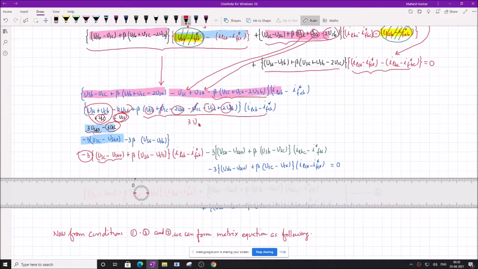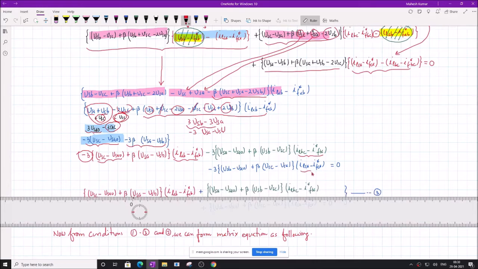So 3 BSB minus 3 BSA. We want to keep the sequence A minus B, so we take minus 3 common again, minus 3 BSA minus BSB. So this becomes minus 3 beta BSA minus BSB, and the first term becomes minus 3 into BSC minus BSA0.